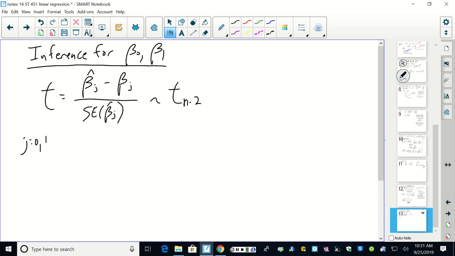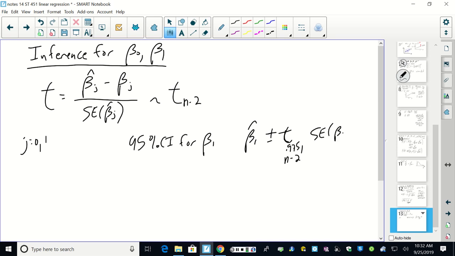And so a 95% confidence interval for beta 1 is centered at the estimate plus or minus a t value, the 0.975 level with n minus 2 degrees of freedom, times the standard error of beta 1 hat.